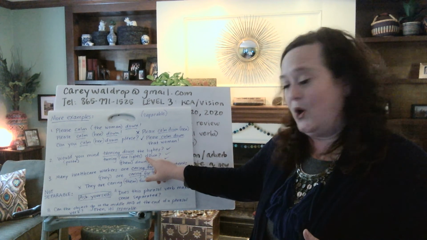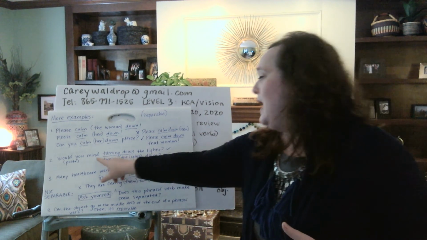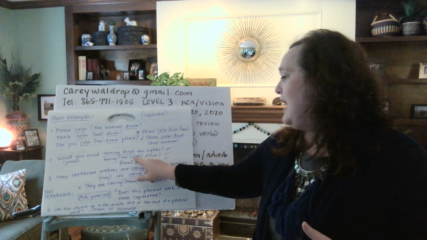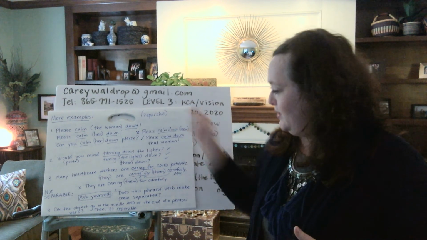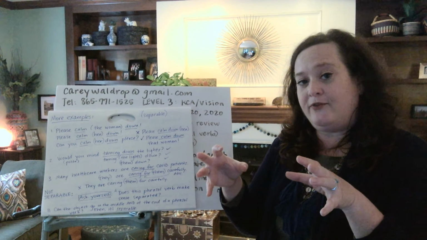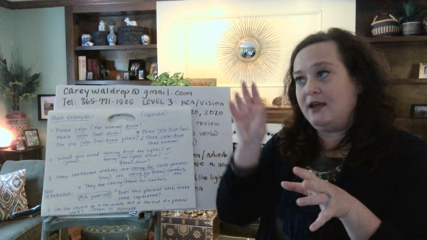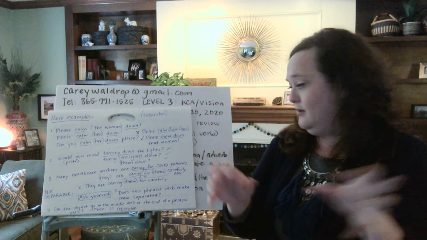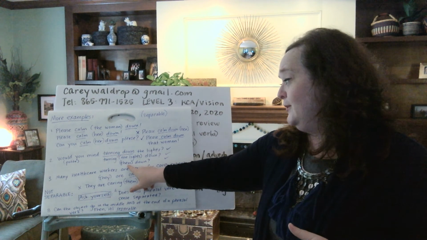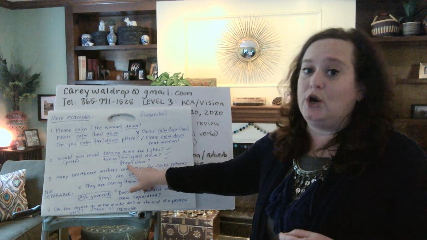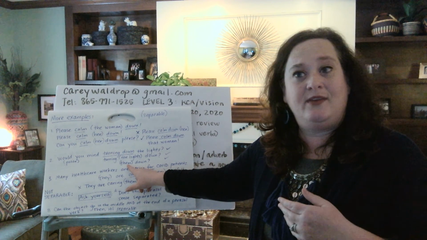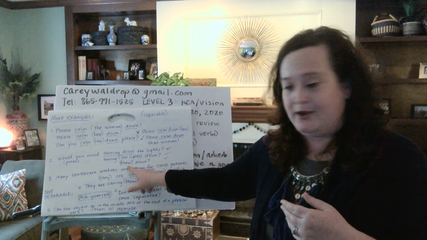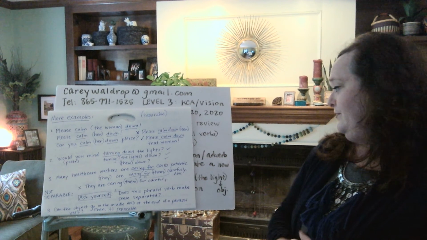It's separable. Would you mind turning the lights down? So I put the lights in between the phrasal verb, turning the lights down. Now I could also say, would you mind turning them down? And I'm using the object pronoun here, them. All right.